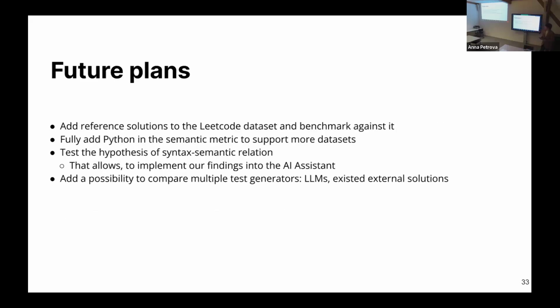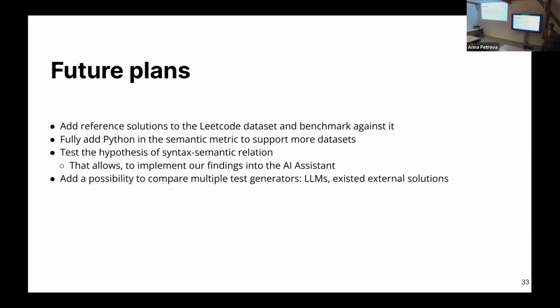So yeah, our future plans are to add a reference solution to the code and benchmark against it, and to add Python to the semantic metric. Moreover, we need to continue testing our hypothesis of the syntax-semantic relation, so as to implement our findings in the assistant.